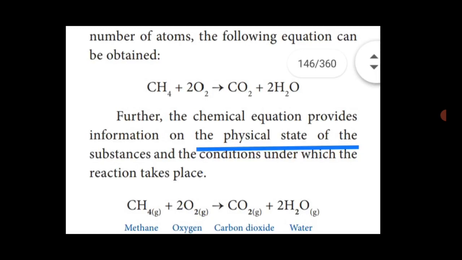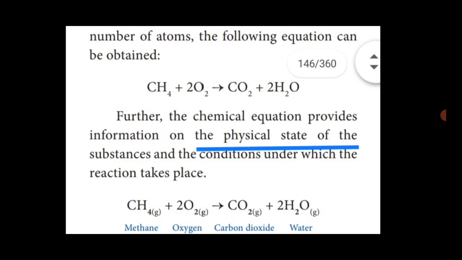As a subscript, the physical states are mentioned in a bracket. This is the final balanced equation. The chemical equation provides information on the physical state of the substance and conditions under which the reaction takes place.